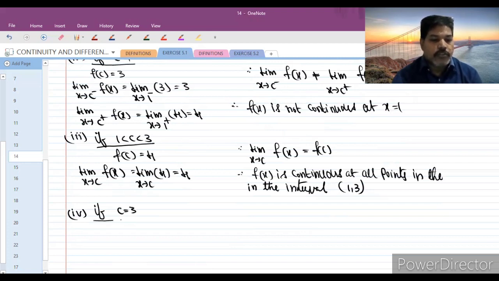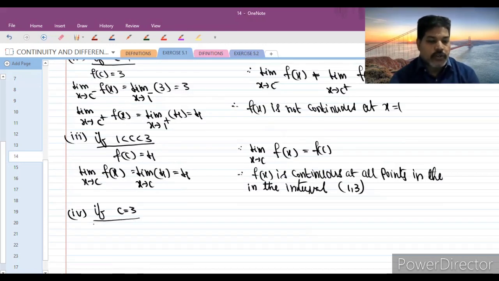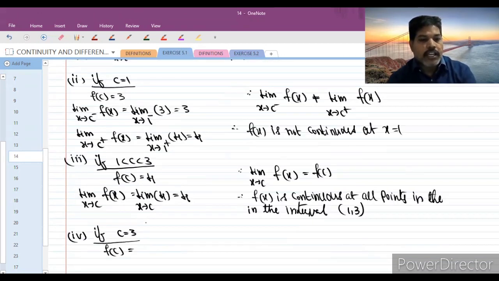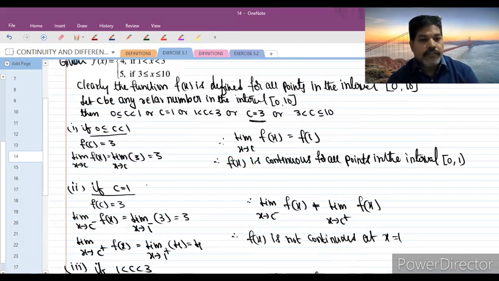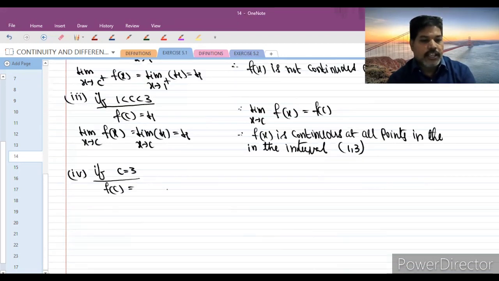If c is equal to 3, then what is f(c)? Looking at the equality case in the question, if x is equal to 3, automatically f(x) will become 5 only. So f(c) will become 5.